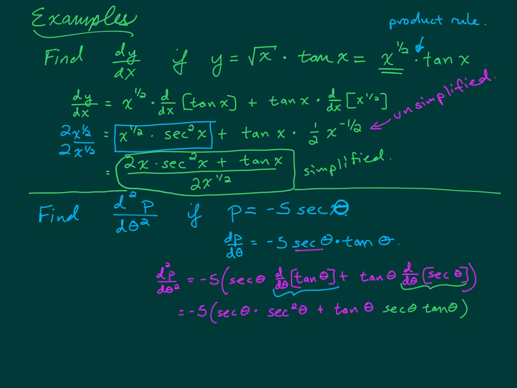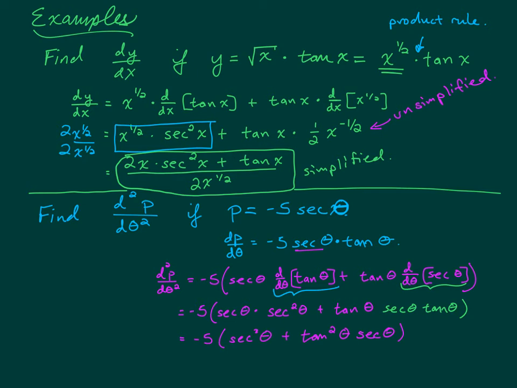So when you multiply all of these things together, you get -5 secant cubed theta plus tangent squared theta secant theta. Right, and that's because over here there are two tangents being multiplied. It's tangent squared, one secant, secant cubed.